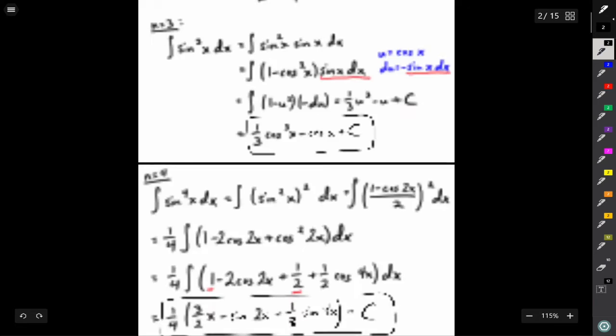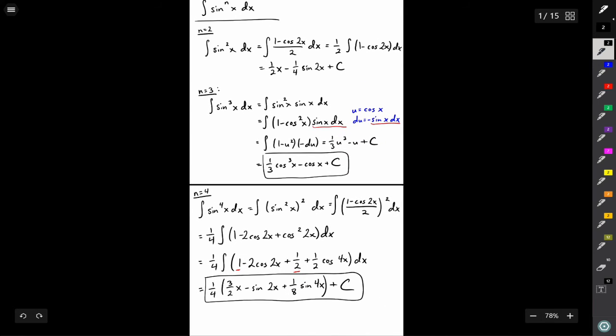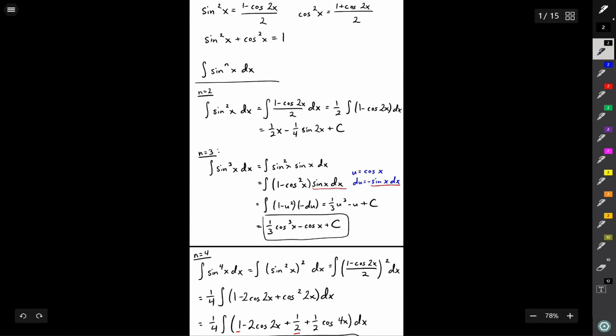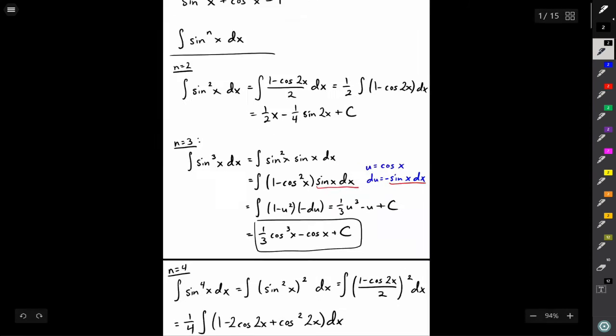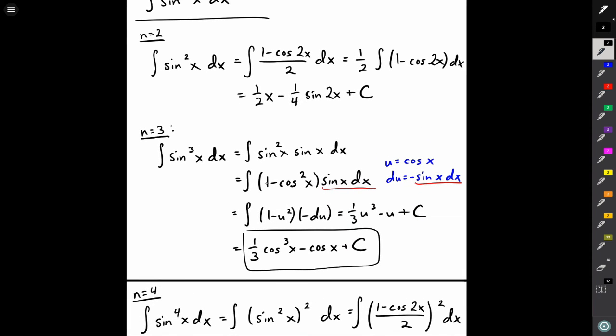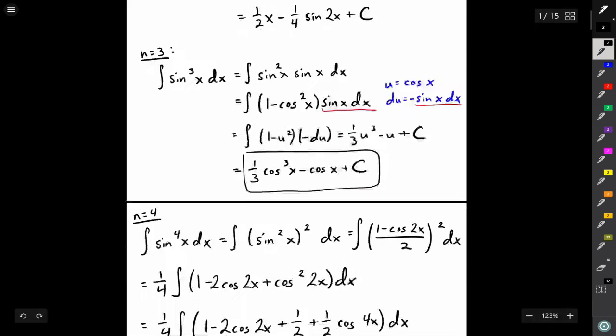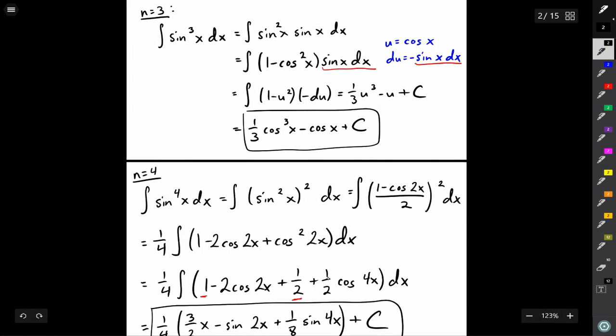All right? So now the same kind of process applies for cosine as well. If we had just cosine squared, we use this identity. If we had cosine cubed, we split off one copy of cosine. This is 1 minus sine squared instead when we apply the trig identity. For the fourth power, you're going to follow the exact same procedure.